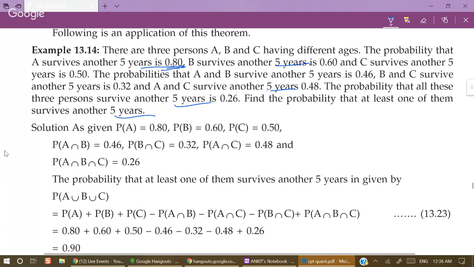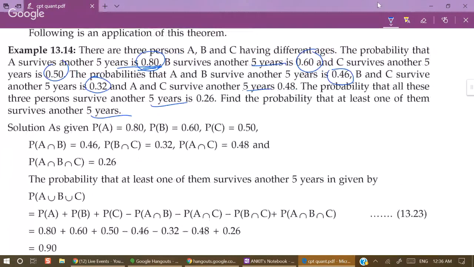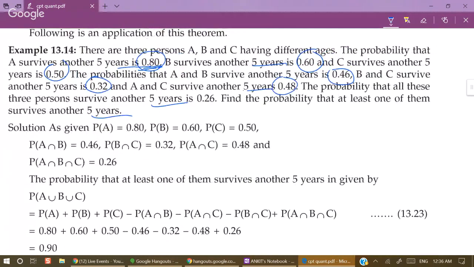That means it is just a probability question of the probability of occurrence of any particular thing. So P(A) is 0.80, P(B) is 0.60, P(C) is 0.50. A intersection B is 0.46, B and C is 0.32, A and C is this.